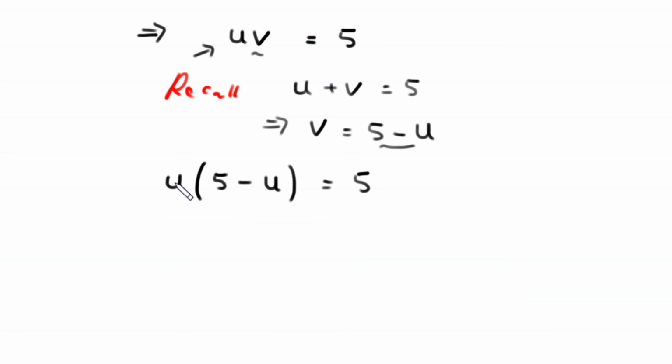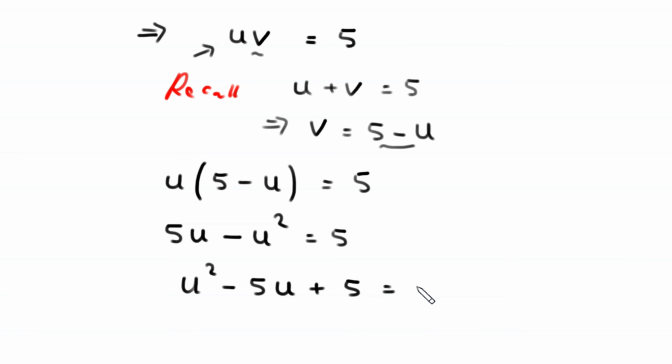Distribute this u times 5, 5u, and u times negative u, negative u squared equal to 5. Move these two terms to the right hand side. This will become u squared minus 5 times u plus 5 equal to 0.